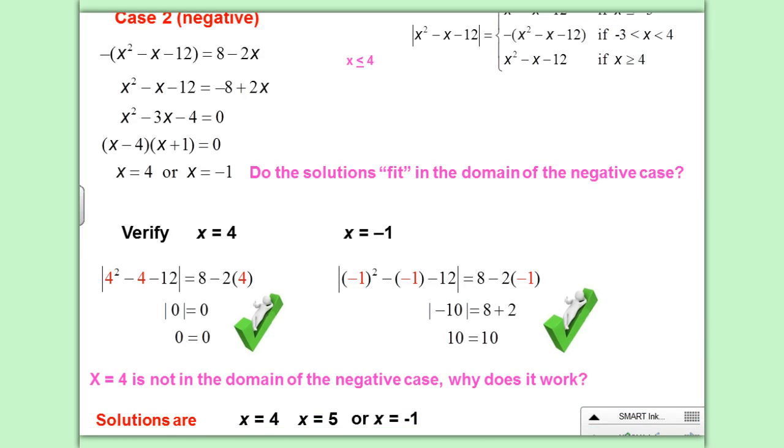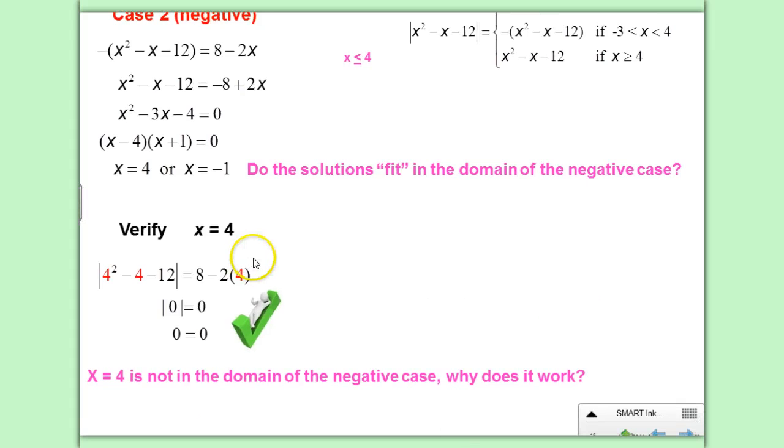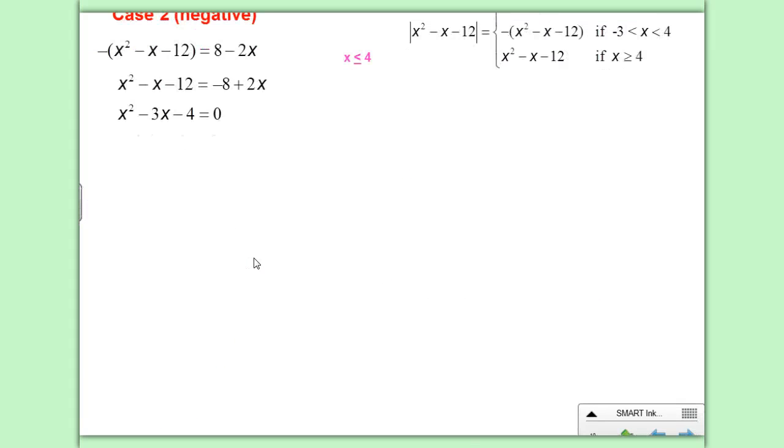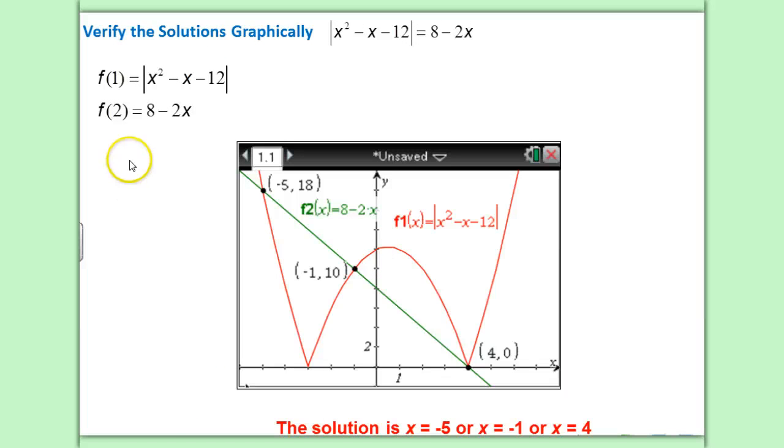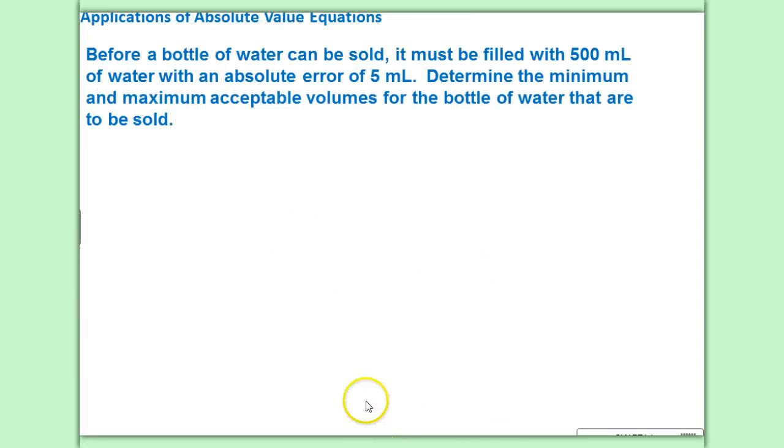Our answers are 4, -5, and -1. They all worked. If you want to solve this graphically, again, you put it in your graphing calculator and you will see that these two graphs intersect at 3 different x values: -5, -1, and +4. So graphically you can see them, and you could have graphed it the other way too.